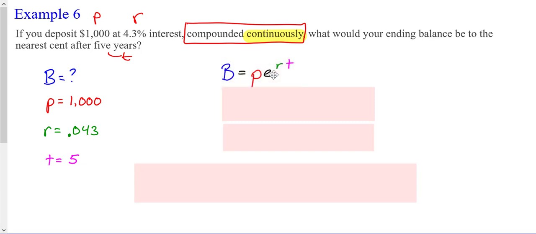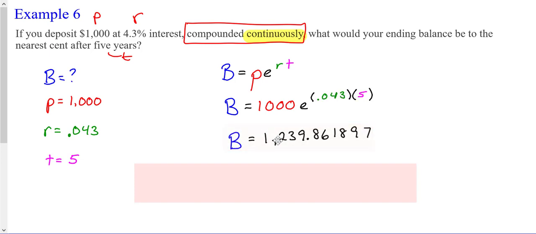So we take our formula of B equals P e to the RT, plug in our values, and then in your calculator, you're simply going to type in 1,000 times and then select that exponential base variable e, and then in the exponent position, multiply the 0.043 times 5, and you end up with 1,239.861897.